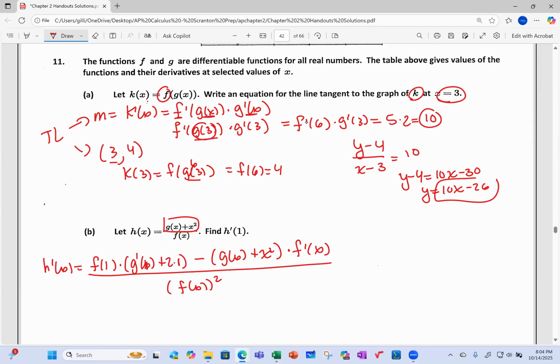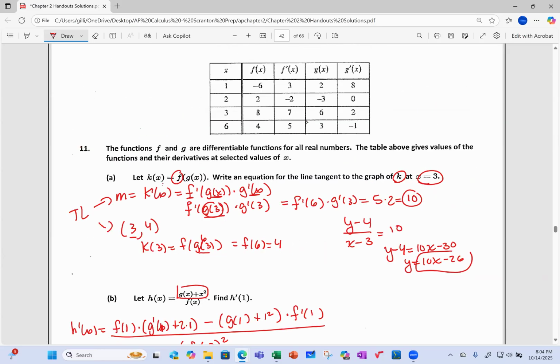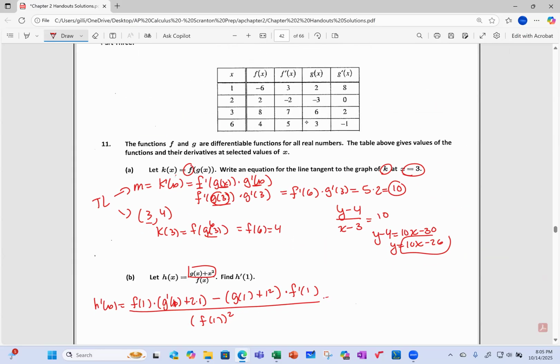How's that going there for me? 1, and then 1, and then 1. I didn't want to write that all over again. Okay, so what is f at 1? Gotta obey the order of operations here. Just get a little tricky with the order of operations.